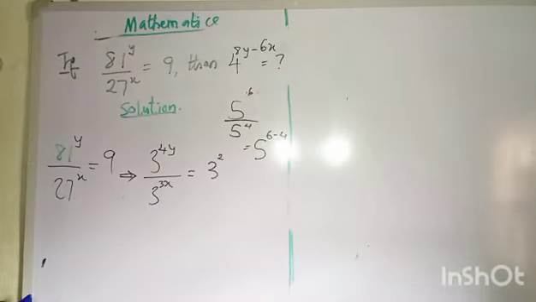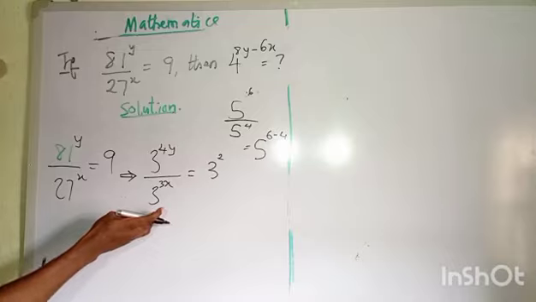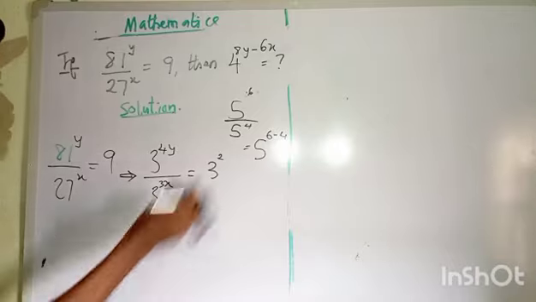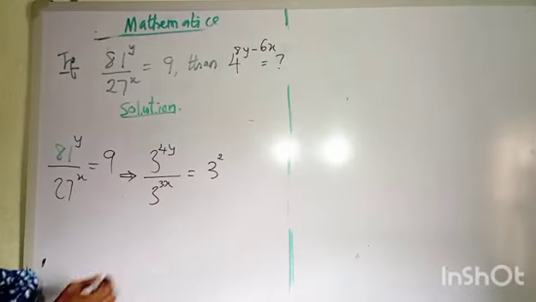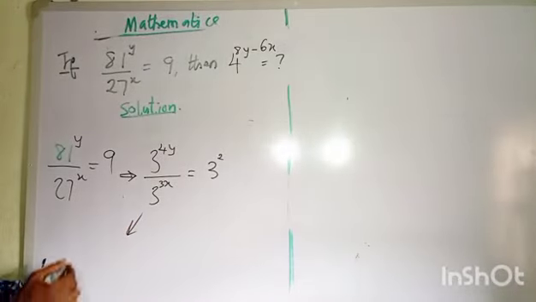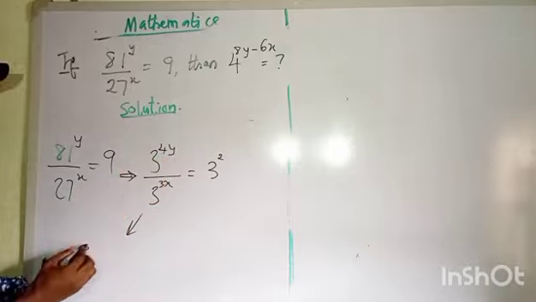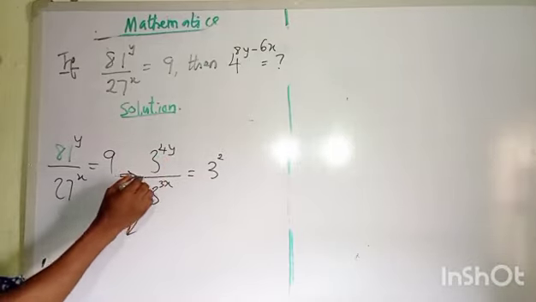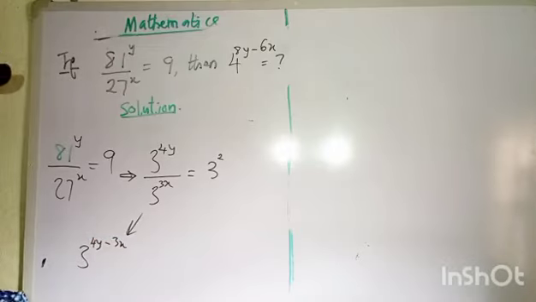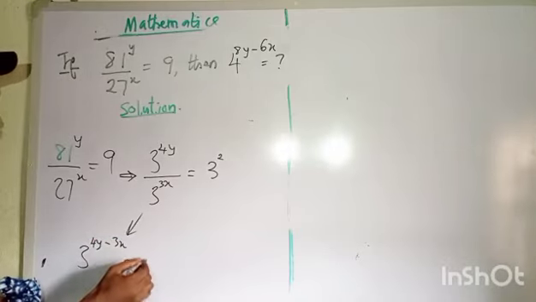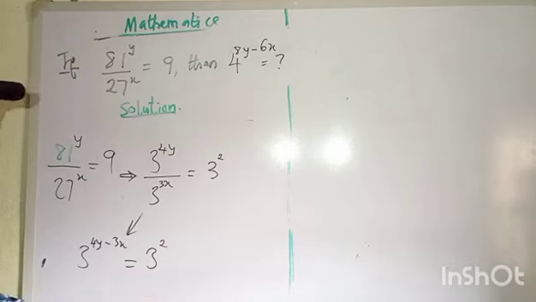So we're going to do the same thing here. As you have noticed, there's a common base which is 3. So this becomes, you just take one of the bases which is 3, 4y, this division turns to minus, and then you have 3x, all equaling 3 raised to the power 2.